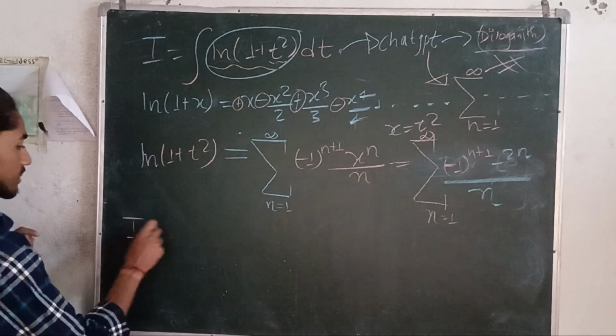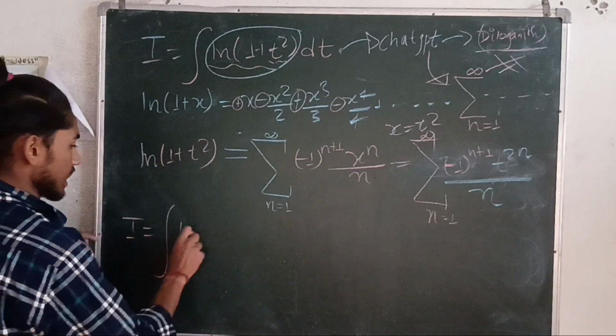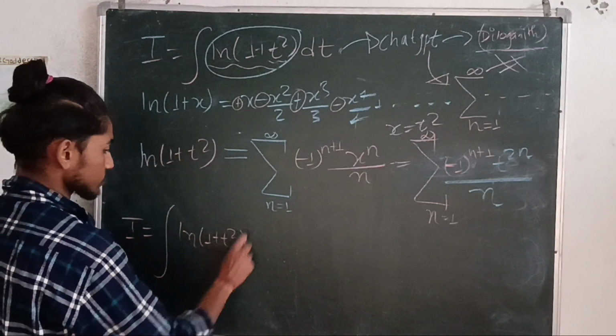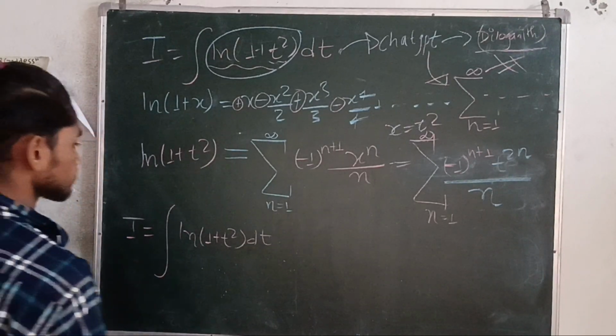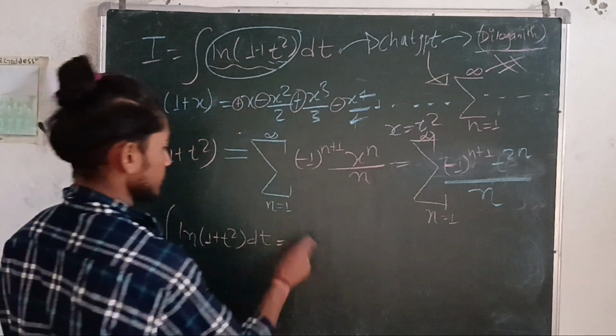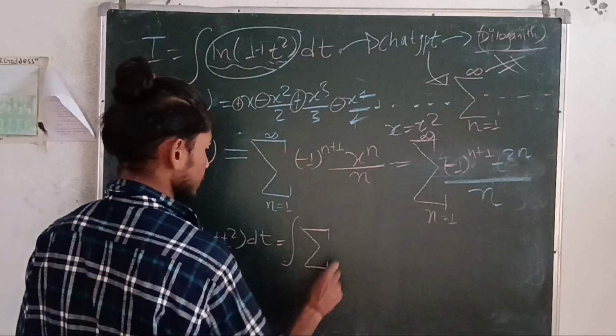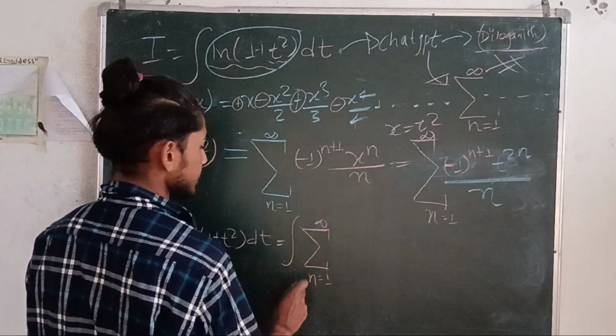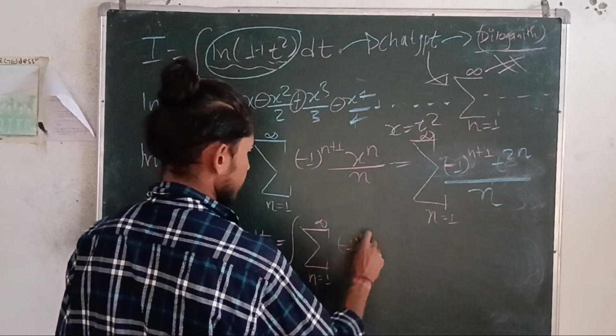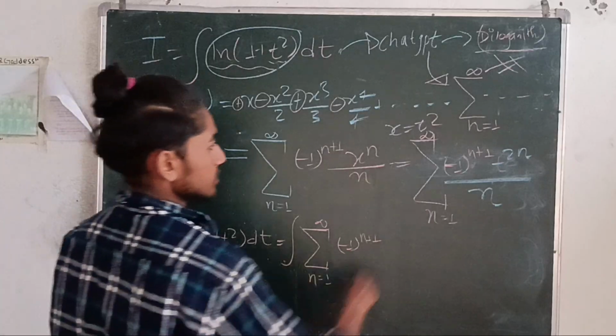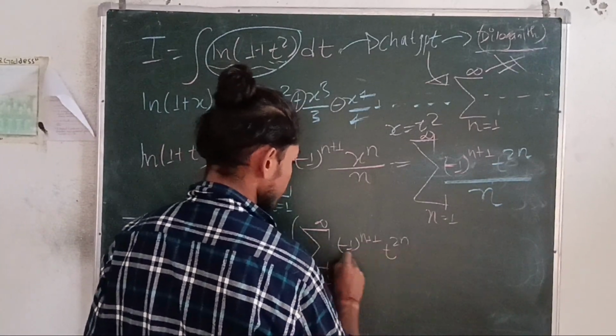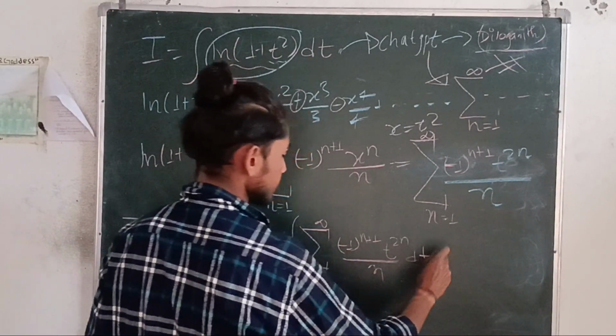So I have my integral I, the integral of ln of 1 plus t squared dt, and it can be written as the integral of the summation from 1 to infinity of negative 1 raised to the n plus 1, times t raised to 2n over n, dt.